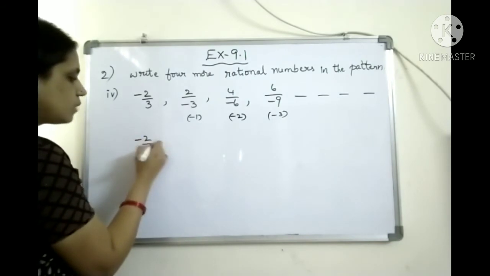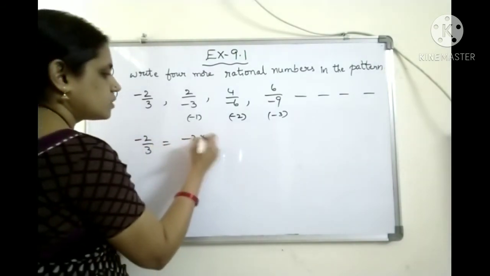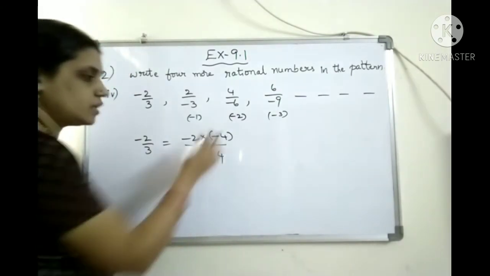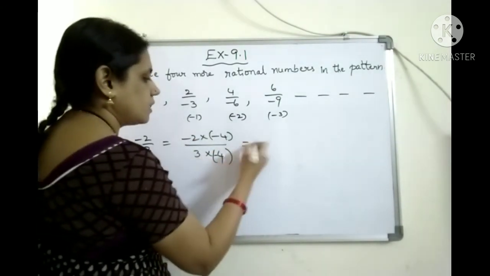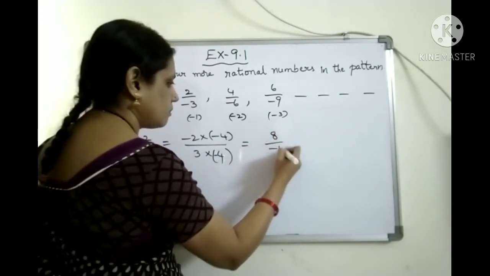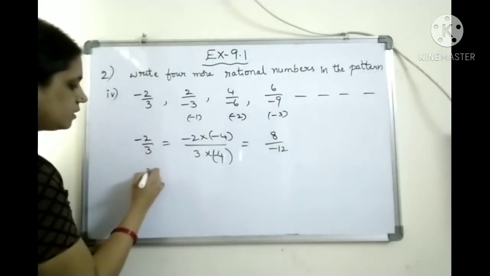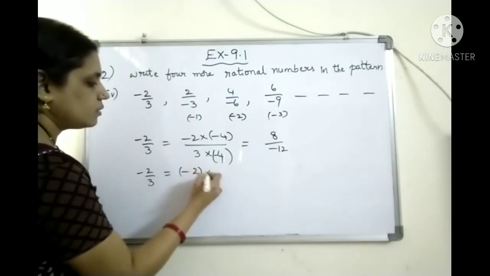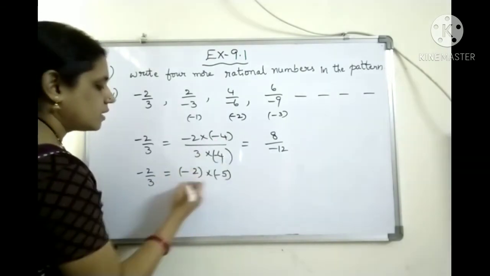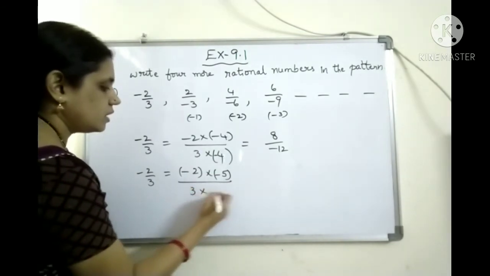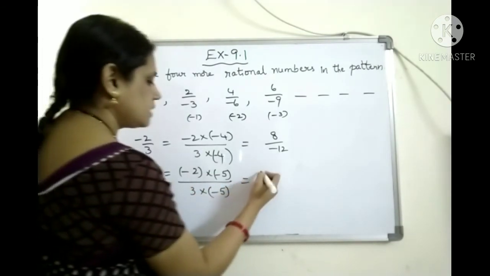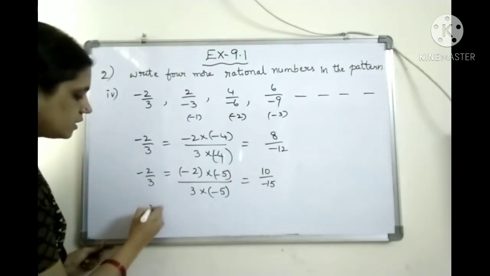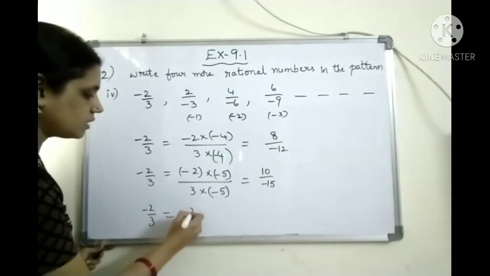So minus 2 by 3 should be multiplied with minus 4 in the numerator and denominator. So 8 by minus 12. Next one, minus 2 by 3 equal to minus 2 into minus 5, the next integer, so 3 into minus 5. Then you will get 10 by minus 15. Next one is minus 2 by 3.